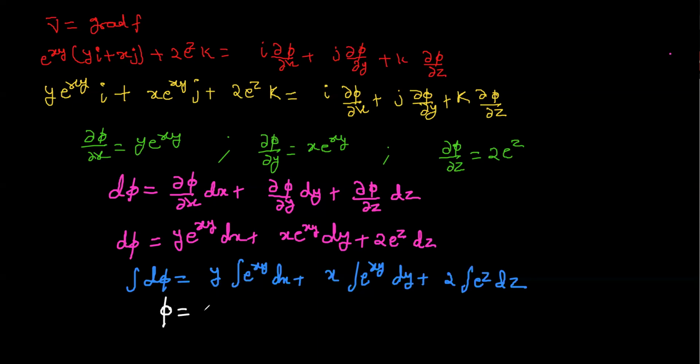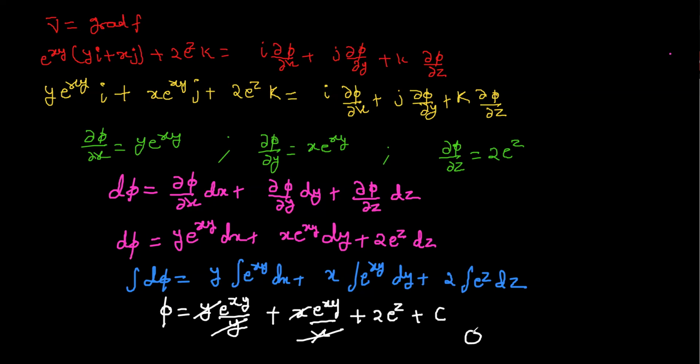When you integrate with respect to x, the coefficient is divided, right? With respect to y, x will be divided. Now with respect to z, plus one constant. x cancels, y cancels. Final answer is, okay, you can write in f form because here f is given. So the name can be anything.